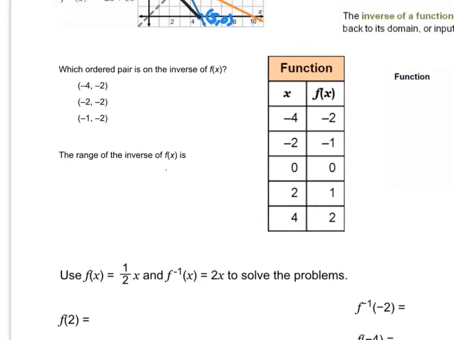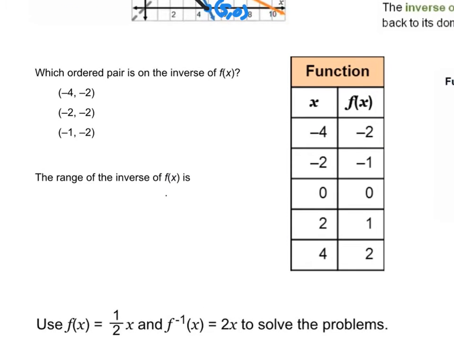Here's what we have. Let's take a look at this first question. We have this function here, with our x values and our y values, and it asks which ordered pair is on the inverse. Inverse means we switch our x and y's. We may have the point -4, -2 on our function.